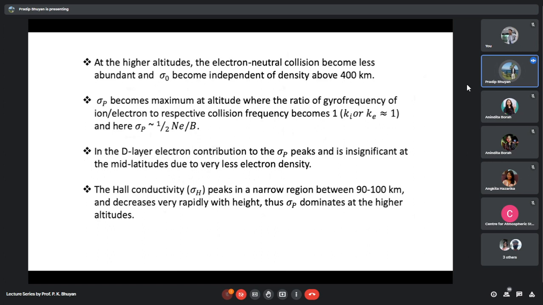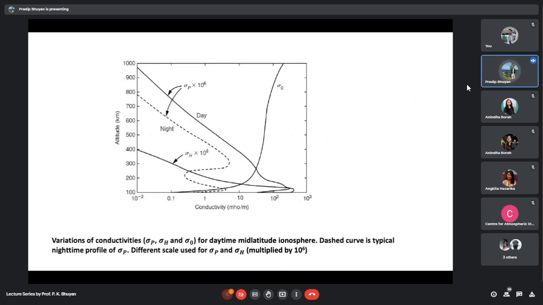Now what happens at higher altitudes? At higher altitudes, the electron-neutral collision becomes less abundant because neutrals are less. Because neutrals are less, electrons will find fewer neutrals, meaning O2 or N2, to collide with, and therefore sigma naught becomes independent of density above 400 kilometer. So that is what we have seen here, it was increasing like this.